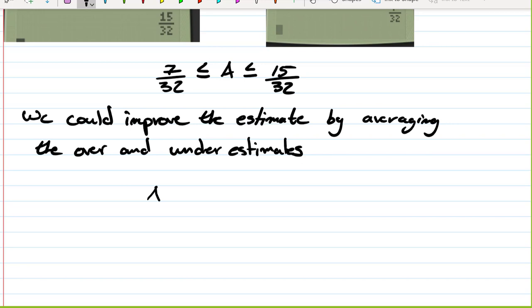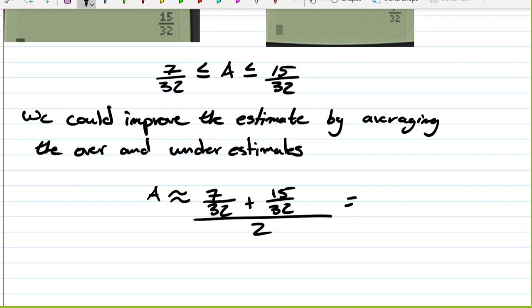So we would get that the area would be approximately equal to 7/32 plus 15/32, and then we average it over 2. So 7 and 15 give us 22/32. Turning that into 2/1, we multiply by the reciprocal, and that would give us 11/32 for an approximation.